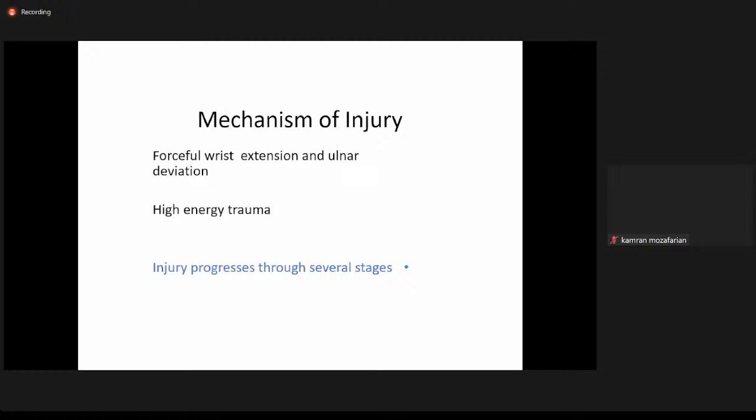Peroneal fracture dislocation is a complex injury of the wrist. The mechanism of injury is forceful wrist extension and ulnar deviation. It is a high-energy trauma, and the injury progresses through several stages. Usually it begins from the radial side of the wrist and progresses to the ulnar side.